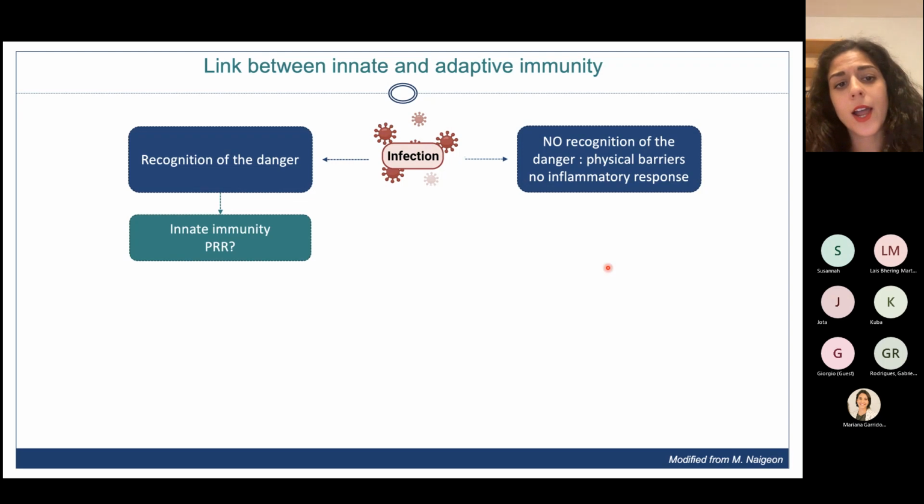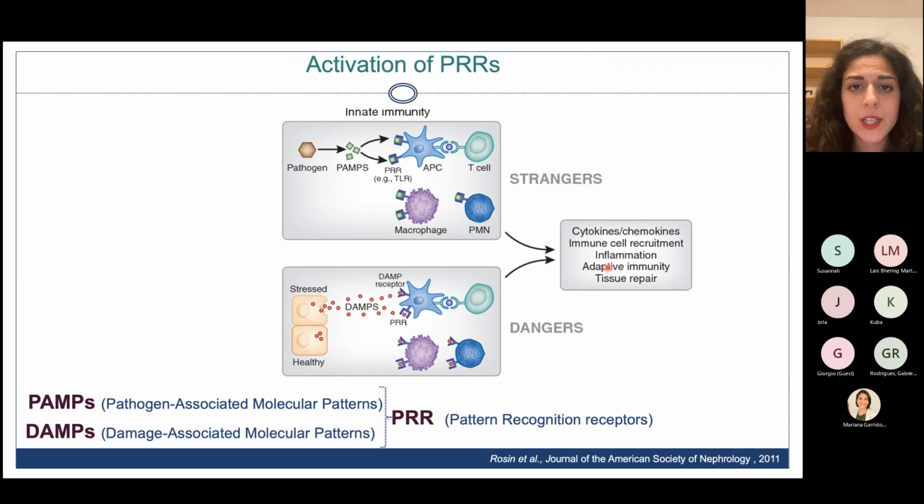The first line of immunity to fight against the danger is the innate immunity. And this innate immunity is mediated by pattern recognition receptors. So what are they? Basically, the key sources of danger are either pathogens or stressed cells.